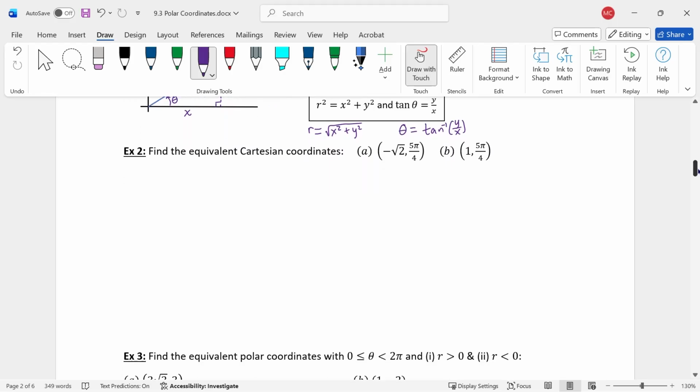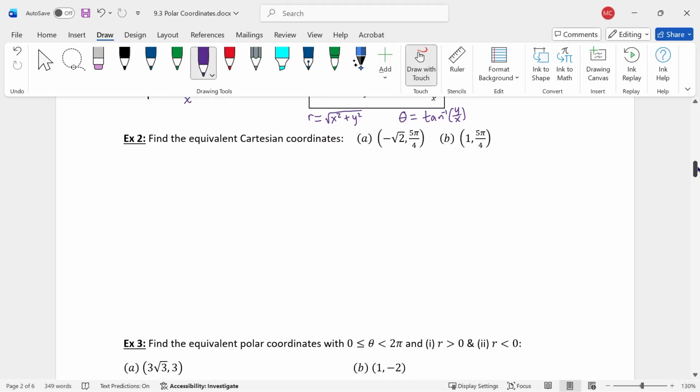Okay, so let's put this stuff to use and try to find some equivalent Cartesian coordinates. So we're given polar coordinates here, and we're going to convert them to Cartesian coordinates. Okay, so what do we know? We know that x is equal to r times cosine of theta.